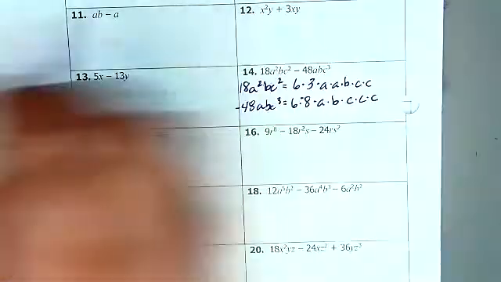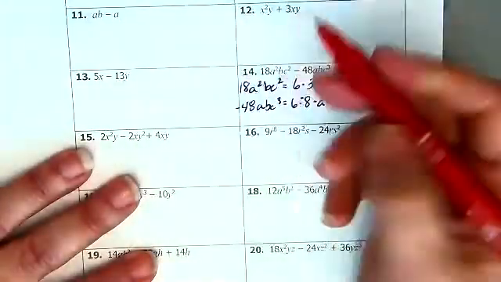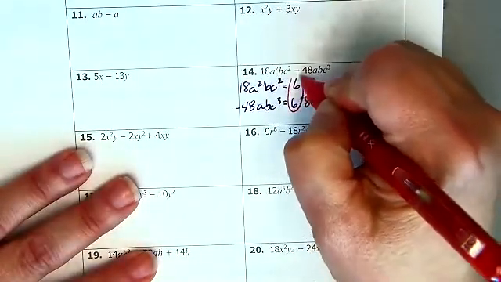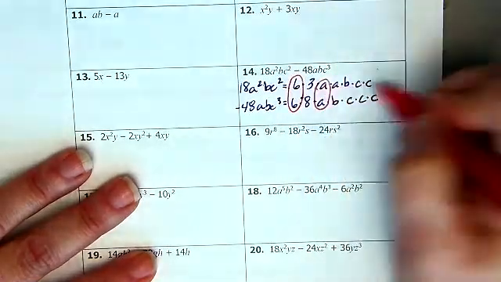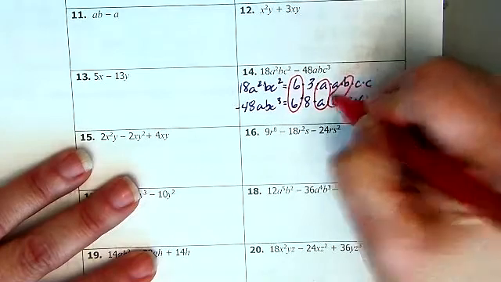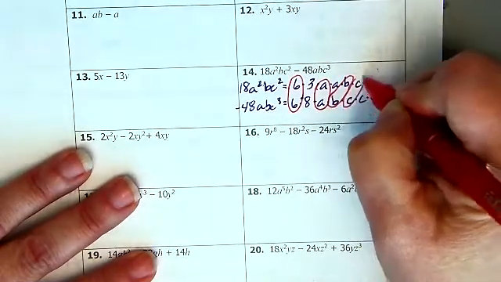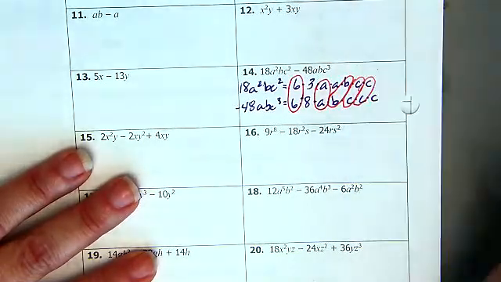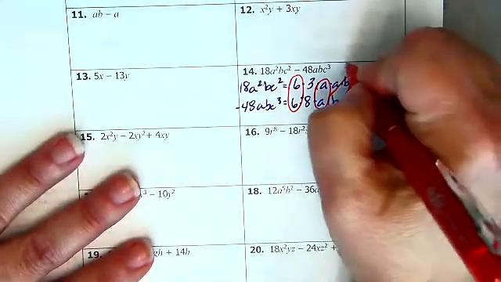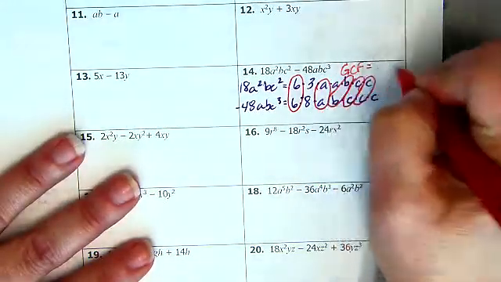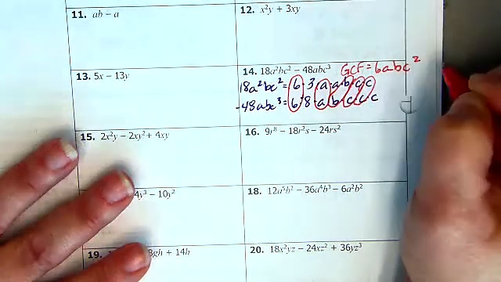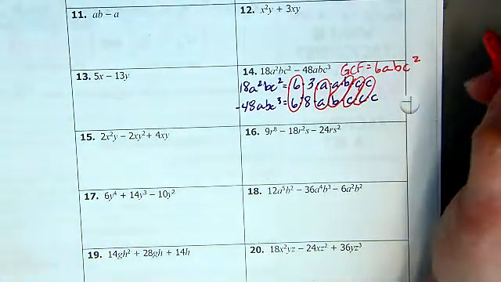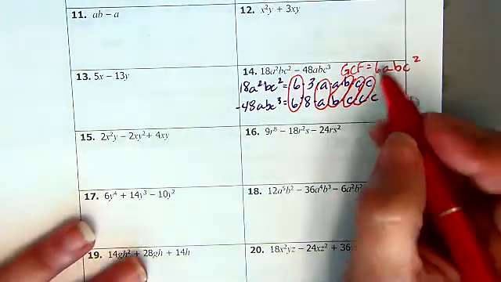Okay, so what's the same? So when I'm looking at this, my 6's are the same. I've got a set of A's that are the same. I've got a set of B's that are the same. And I have 2 sets of C's that are the same. So that means right now my GCF is going to be 6ABC squared. And now I'm going to write what's left.